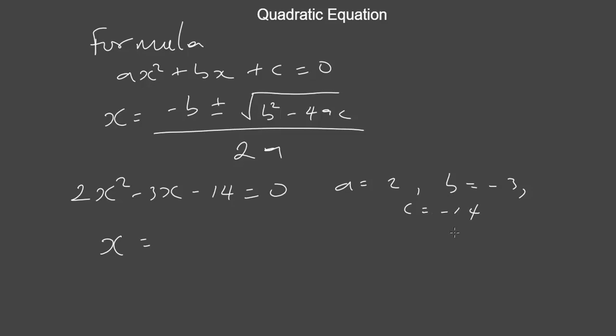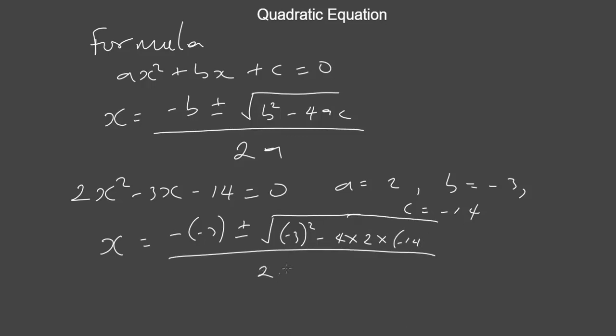So just plug them in, and that will give you x equals minus bracket minus 3, b is minus 3, plus minus the square root of b squared, which is minus 3 squared, minus 4 times a is 2, c is minus 14, right? And everything divided by 2 times 2.